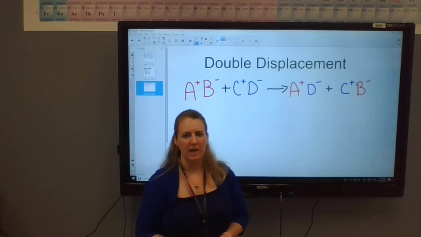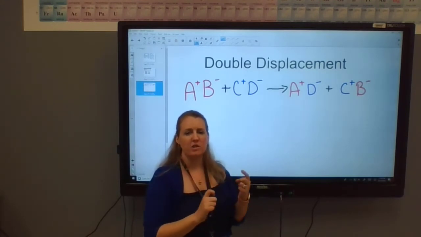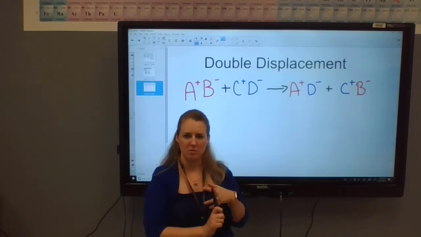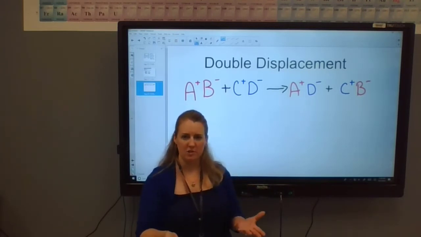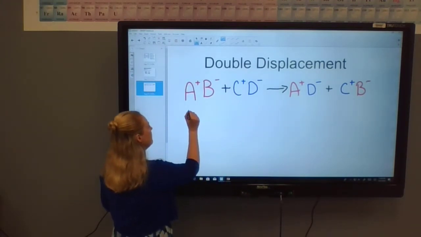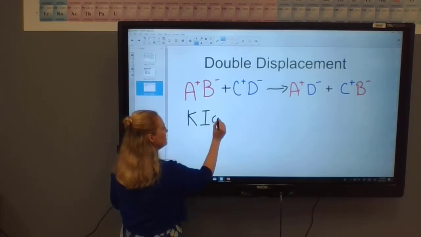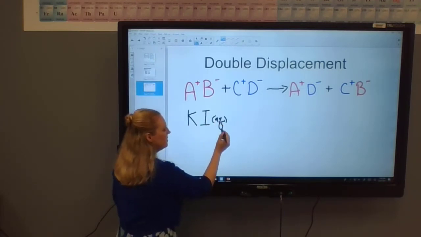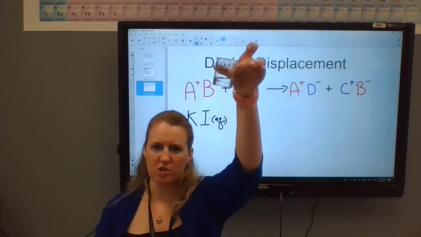At this point in time, we need to make sure it is balanced and determine whether or not they are soluble. So I'm going to write up an example here that I've got the solutions for that I can show you. And that is if I had potassium iodide, and this is a solution. So that is the potassium iodide solution that I showed you earlier with the light bulb.